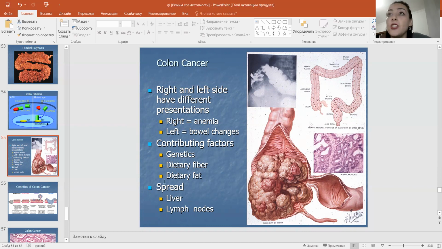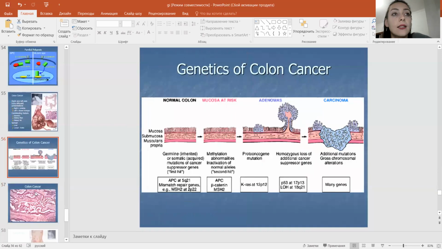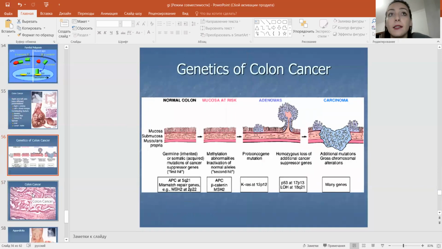Contributing factors may be genetics, dietary fiber, dietary fat, and spread to the liver and lymph nodes. Genetics of colon cancer: normal colon mucosa at risk, adenomas, and after that maybe carcinoma, many genes.